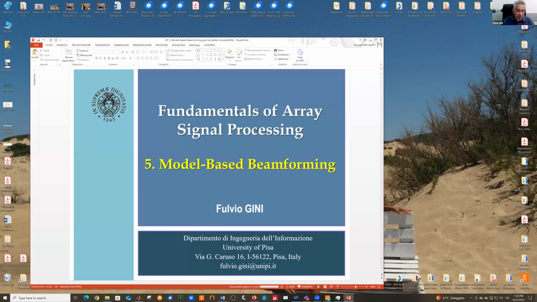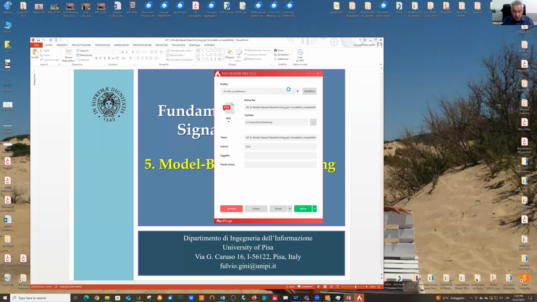So the next topic is model-based beamforming, so parametric beamforming. We have seen the classical beamformer, which is non-parametric, so non-model-based, non-adaptive. Then we have seen sample matrix inversion, Capon, diagonally loaded Capon, diagonally loaded sample matrix inversion.